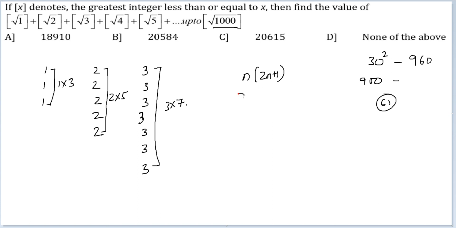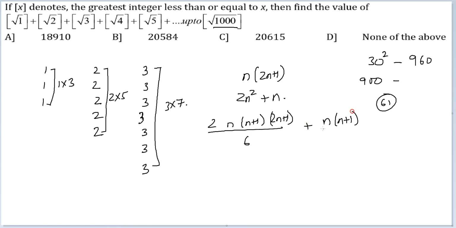The expression here would be summation of 2n square plus n. If I apply this, I get 2 into n into n plus 1 into 2n plus 1 whole thing divided by 6, plus n into n plus 1 whole thing divided by 2. Okay, the first thing I can do is take n into n plus 1 out common.